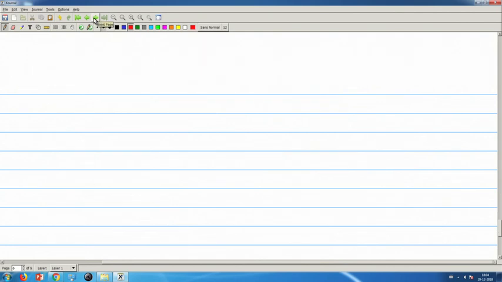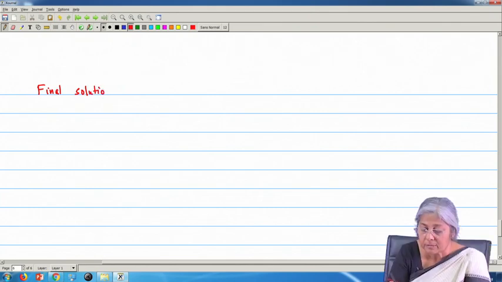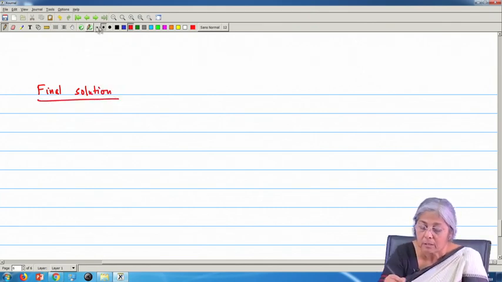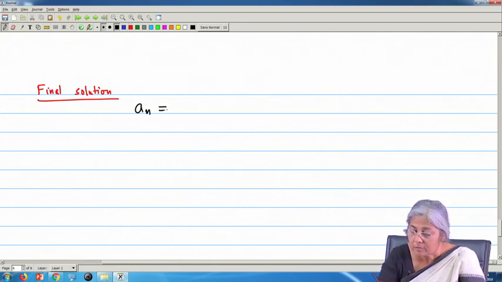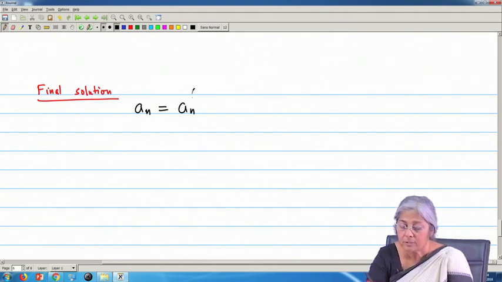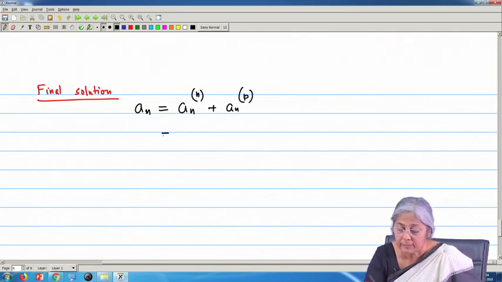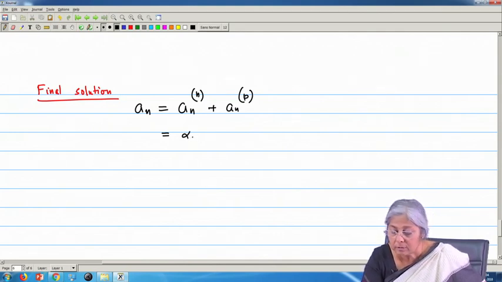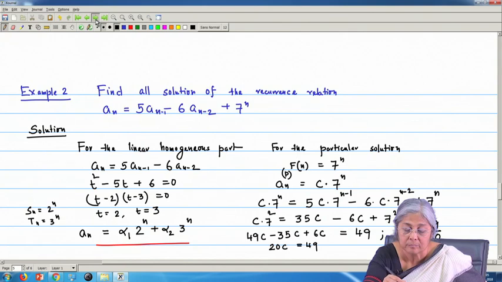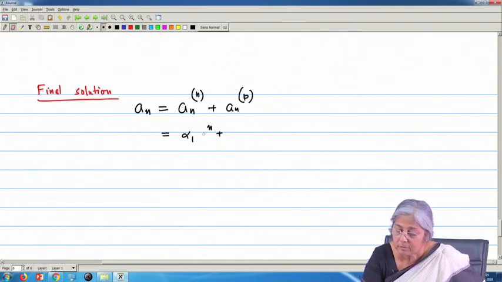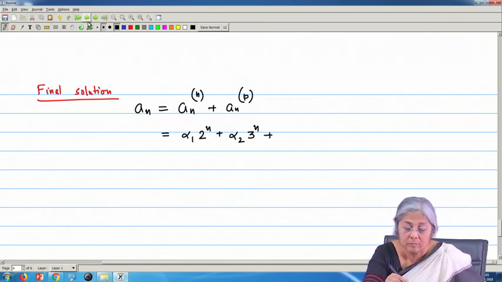So, my final solution has two parts: a n equal to a n H plus a n P, and that becomes alpha 1 2 to the power n plus alpha 2 3 to the power n plus the particular solution.